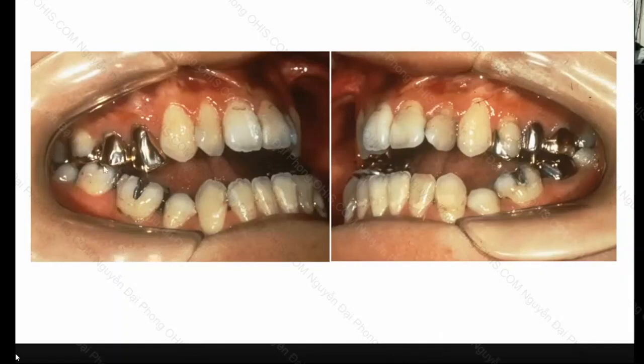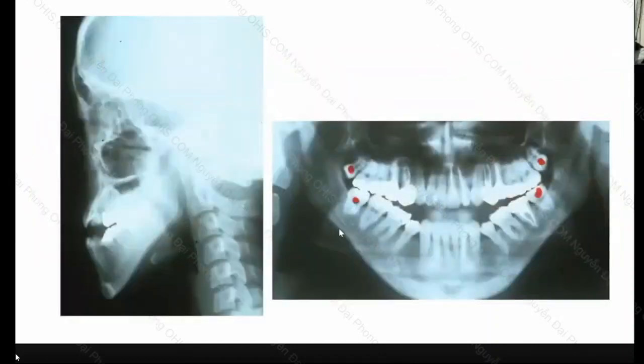So here, of course, this case is a severe high angle class 3 open bite, therefore I simply recommended you should do some surgical treatment. But she didn't agree. No, I don't like to do surgery.